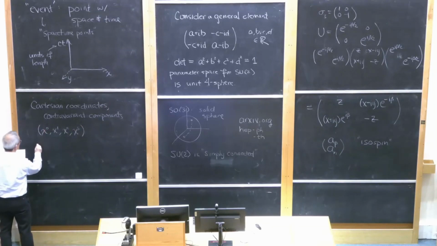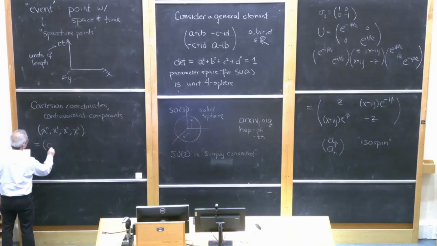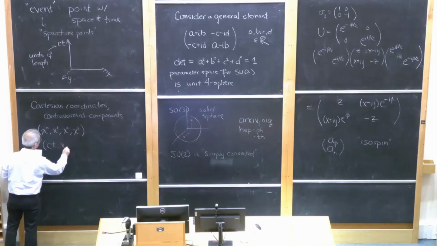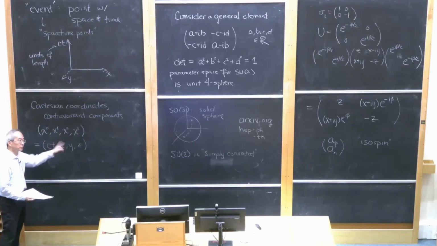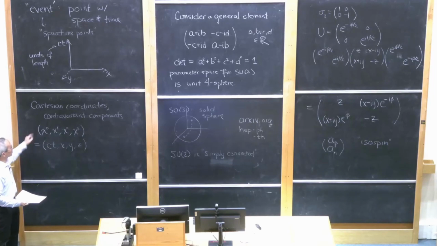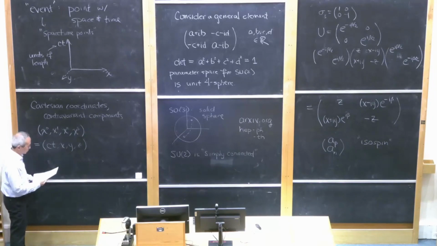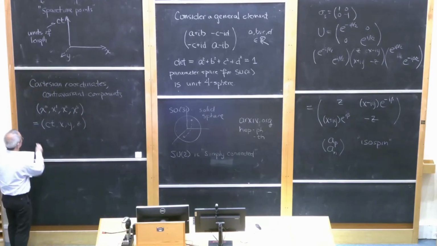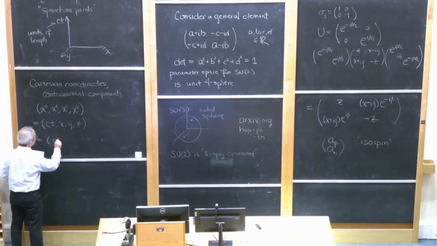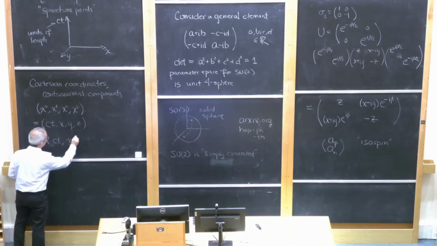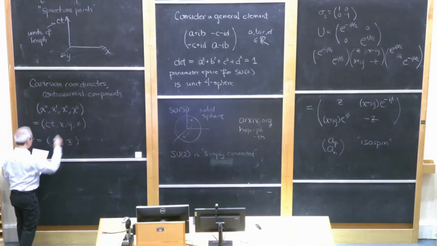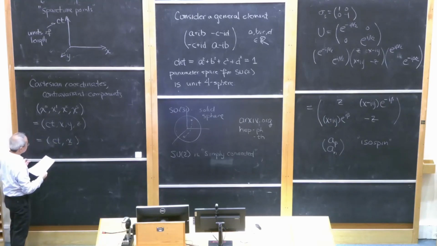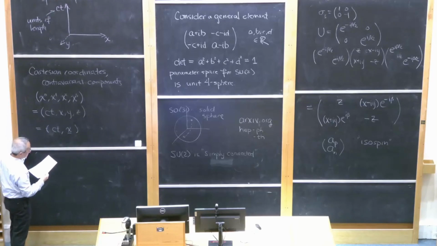Okay? In more traditional coordinates, when we give you positions in time, we're going to take them to be the contravariant components. Sometimes we'll write this as ct, and then just write a little 3-vector here, just as a shorthand for those 3 components.